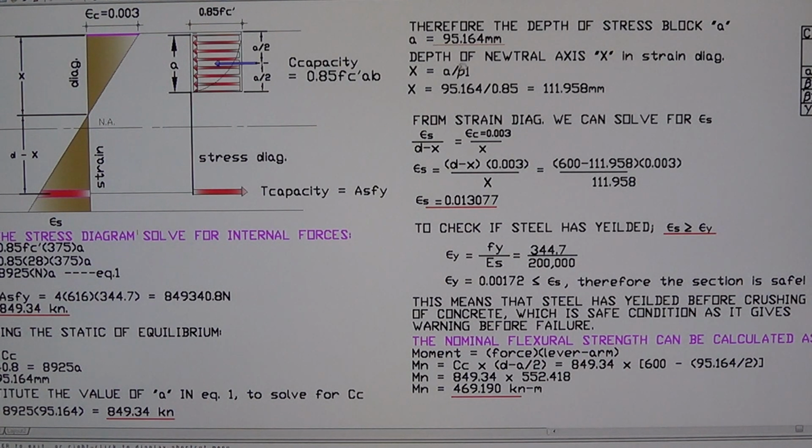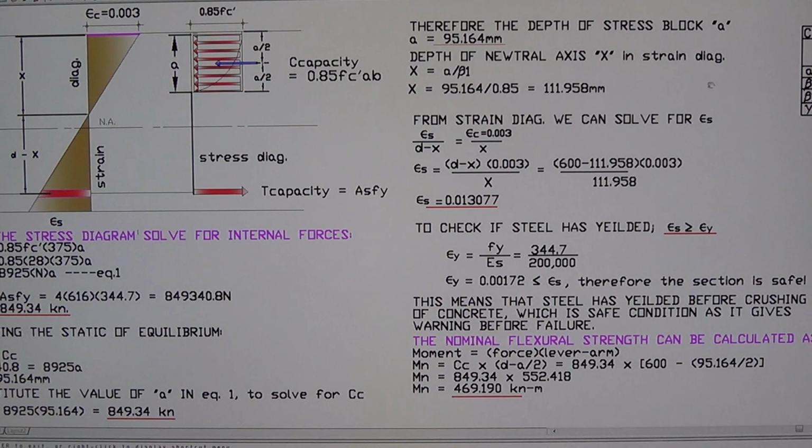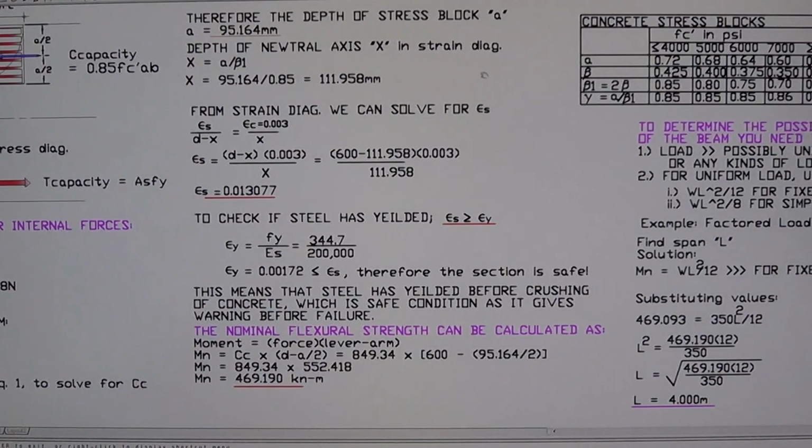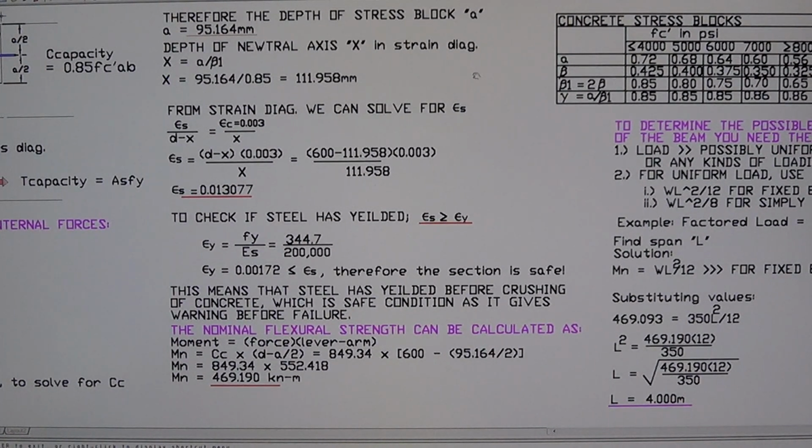Now the depth of the neutral axis X in the strain diagram right here is formulated as X equal to A divided by beta 1. The beta 1 value is right here, depending on the strength that you use.